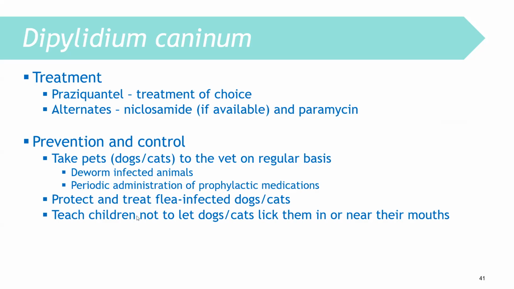Of course, prevention and control is to make sure that pets such as dogs and cats are free from fleas. Have them dewormed, and protect yourself from the fleas of your dog and your cat.